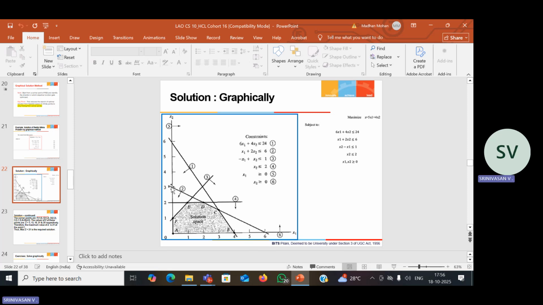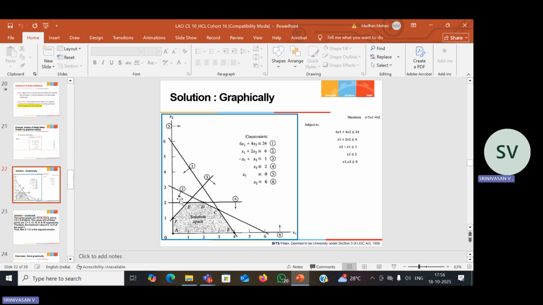Then any other point? 3, 1.5: x2 is 3 by 2, x1 is 3, so 3 plus 3 is 6. This is your C, 3, 1.5. You get the second equation. So look at 6, 0, 0, 3, and 3, 1.5 as your points.